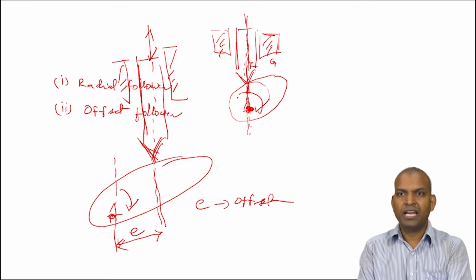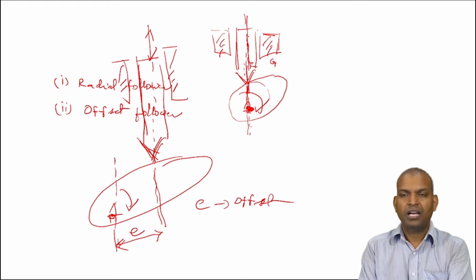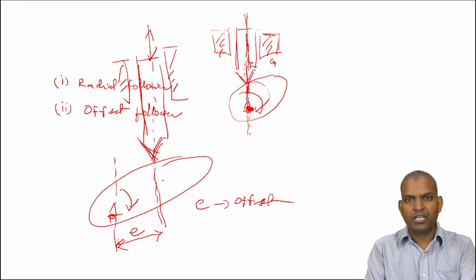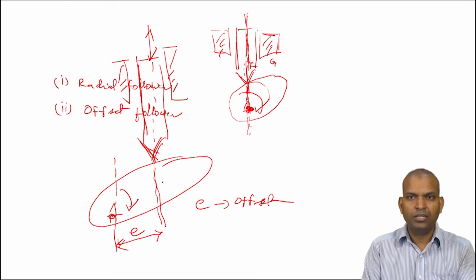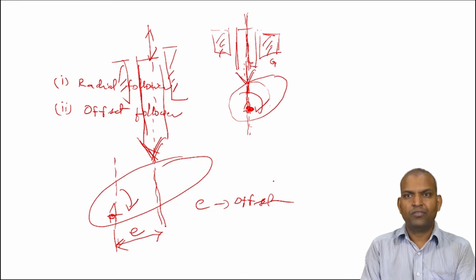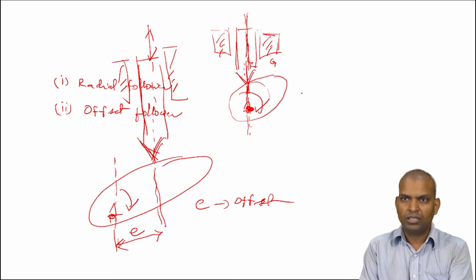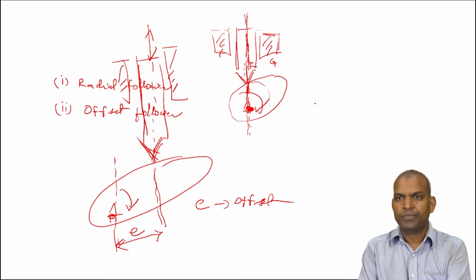The cam rotates about its fixed center, and the follower is also fixed but guided along this line, which remains the same. So that is the difference between radial followers and offset followers. These are other categories of followers. We'll discuss more in types of followers.